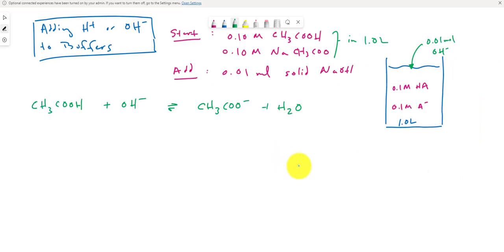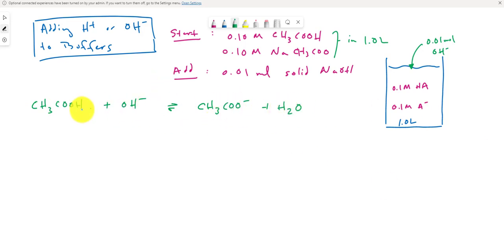Okay, so what we know is happening during this perturbation step when we're adding hydroxide is that we have an acid and it's going to react with the base. And this comes straight out of the discussion a few videos ago about neutralization. This is a neutralization reaction, right? We have acetic acid, the weak acid, plus strong base is going to make acetate and water.